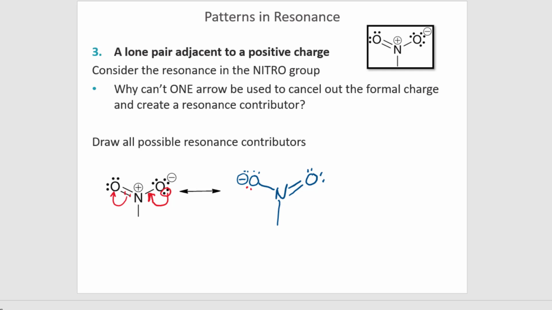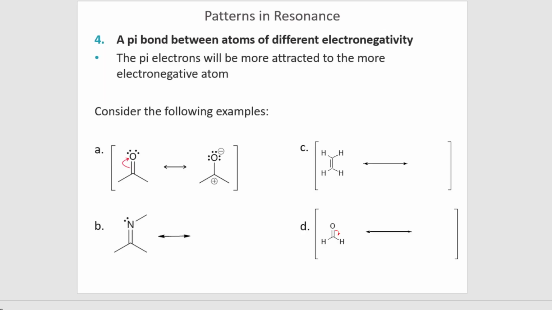Remember, that lone pair is now part of the pi bond. So these are resonance contributors for nitrate. If you look from one to the other, the nitrogen still has a positive charge. The oxygen negativity shifted from one oxygen to the other. So the delocalization of the electron density is distributed across three atoms. These are equal contributors because there's really no difference between one or the other.